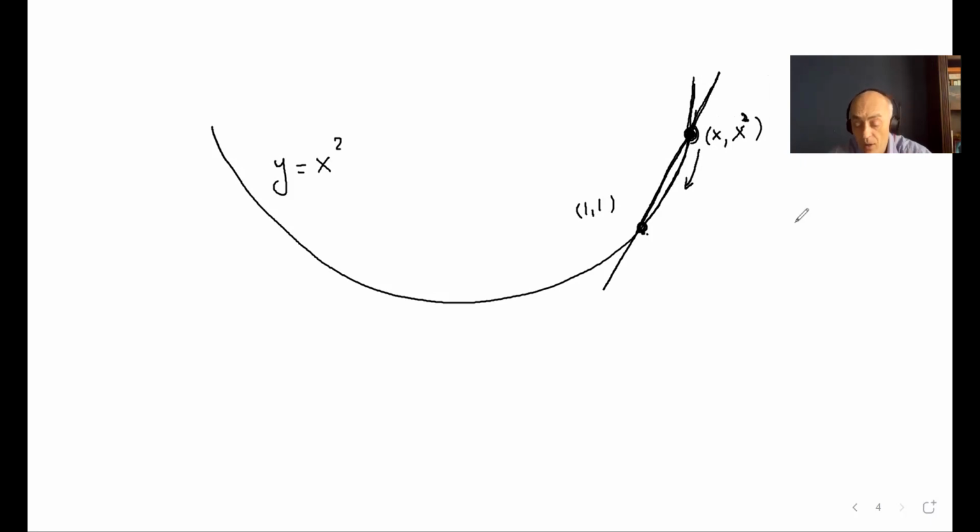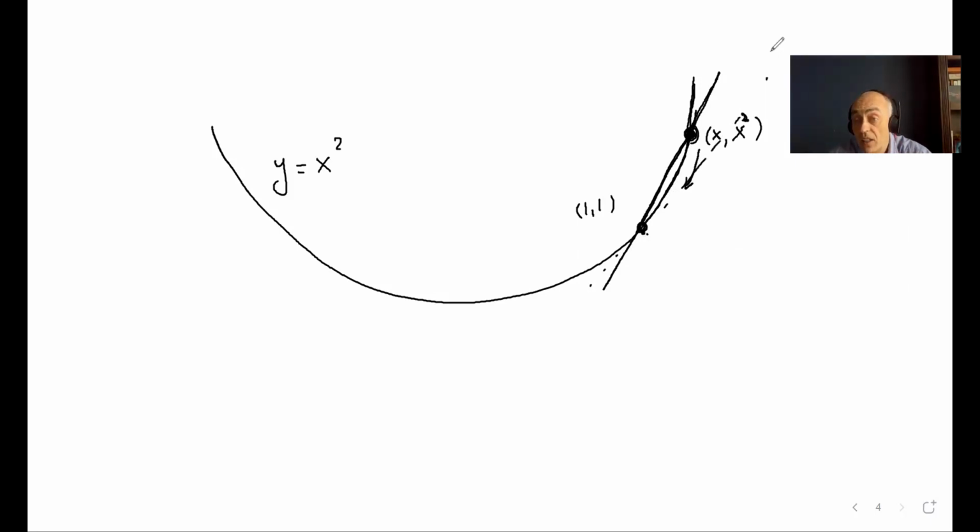Then this particular line will slide down towards what I would call the tangent, and this would be the correct notion of tangent.